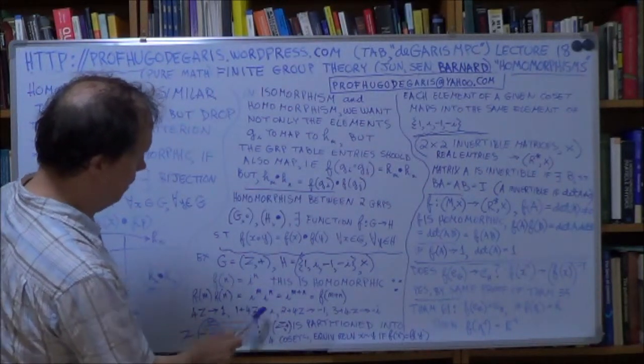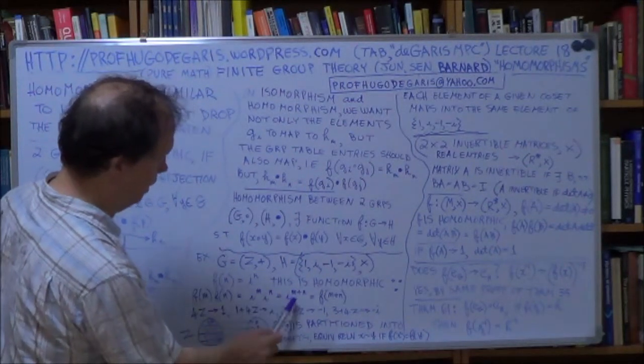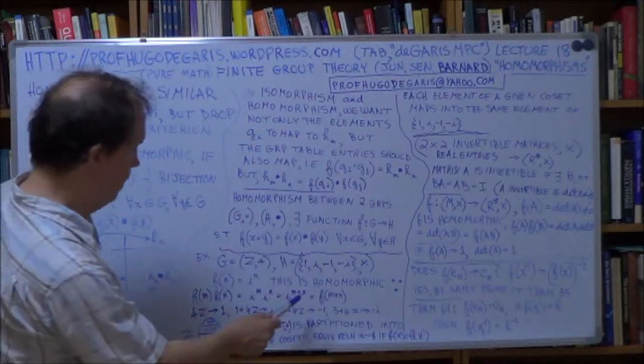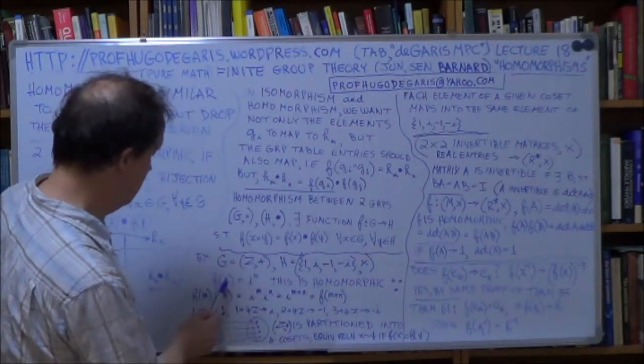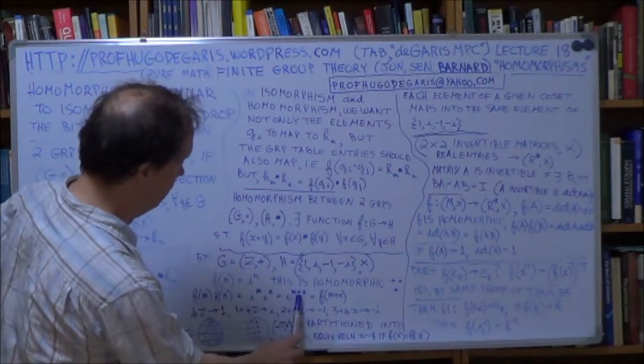Now these are just exponents of the same base, so you can rewrite that as i to the m plus n. Instead of having n here, you've now got m plus n.